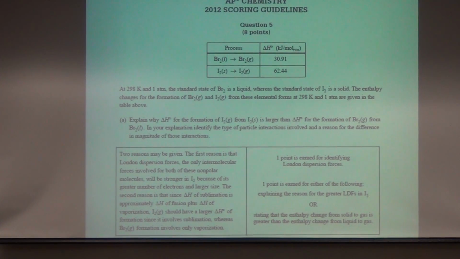They're definitely both London. But to be honest, this is the greater one. Why? Because you're going through two phase changes versus one. You have to absorb a lot more energy to go to a gas from a solid than from a liquid to a gas. That's the big one there.